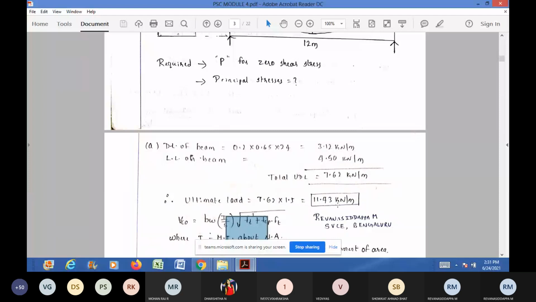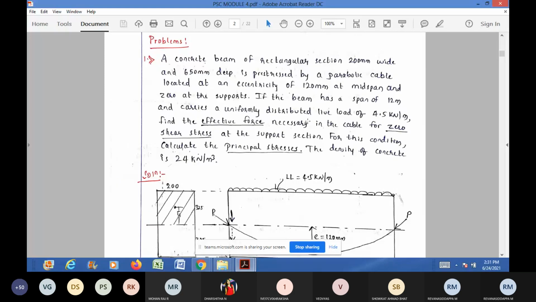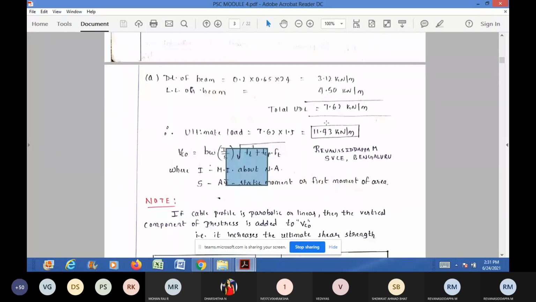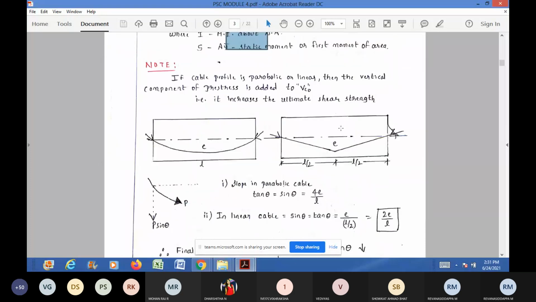Now we have calculated the ultimate load. The span of the beam is given as 12 meter. You know the total ultimate load which is acting on the beam. Write this figure.